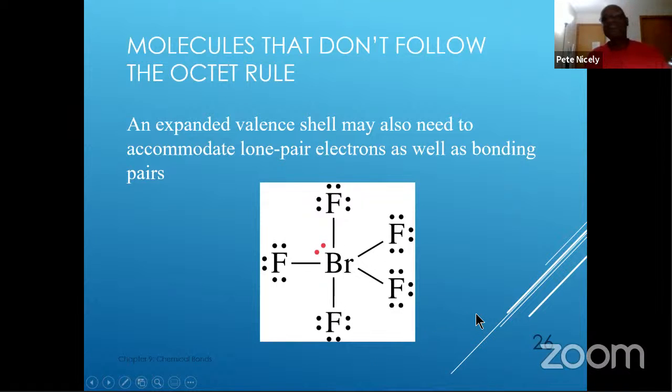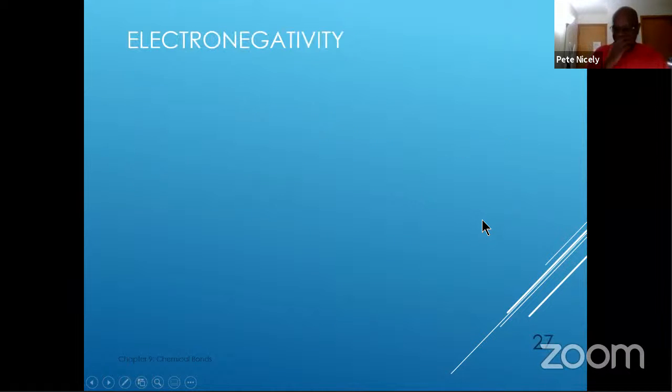So a total of 12 electrons on its outer shell. Again, in this case, bromine, which if I'm not mistaken is in period 4, can expand beyond its octet to have more than 8 electrons on its outer shell. All right, so these are all examples of molecules that do not obey the octet rule.